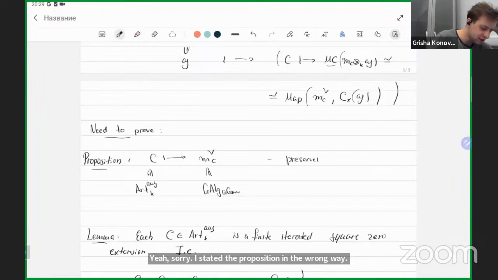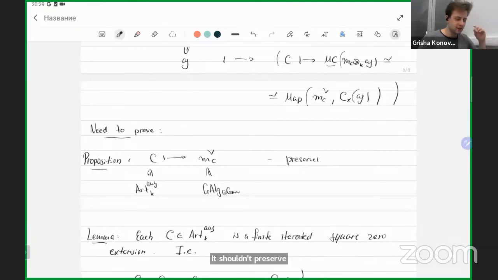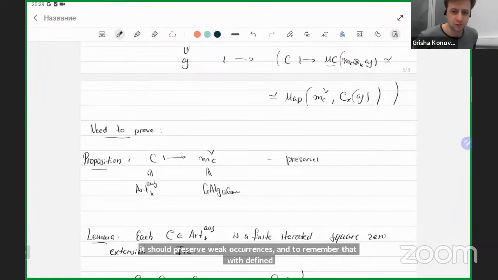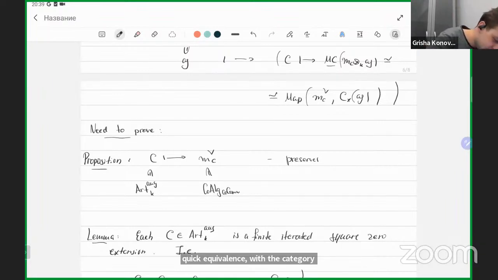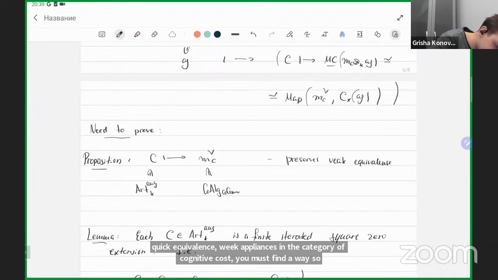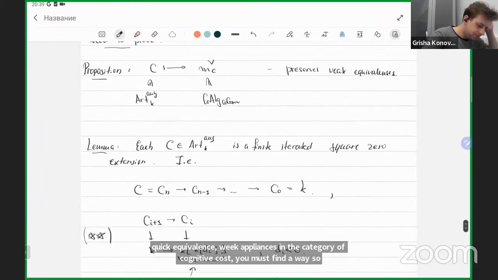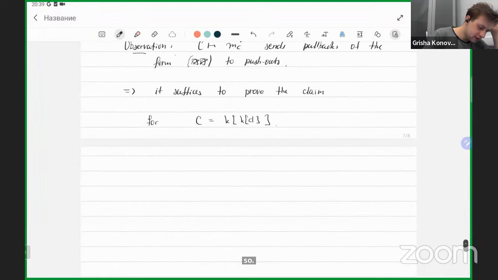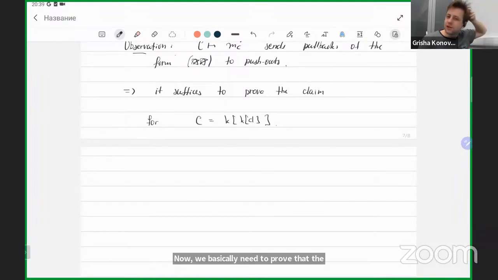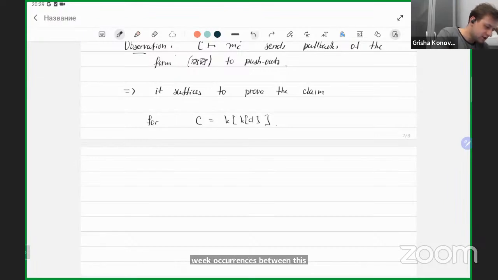And remember that we defined weak equivalences in the category of co-commutative algebras in a funny way. So let me write it here. Preserves weak equivalences. And now we basically need to prove that the functor preserves weak equivalences between these basic objects.